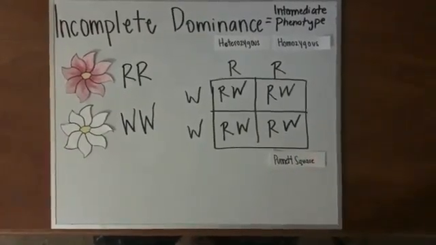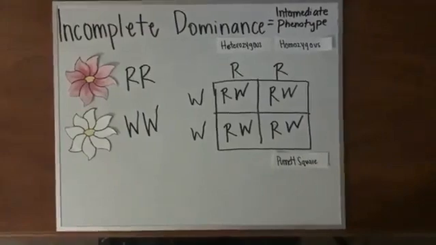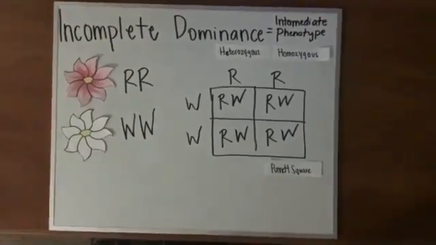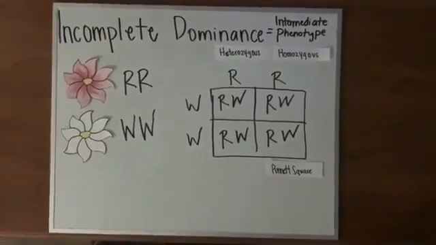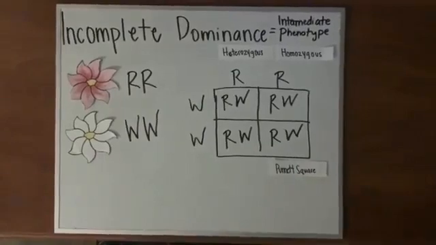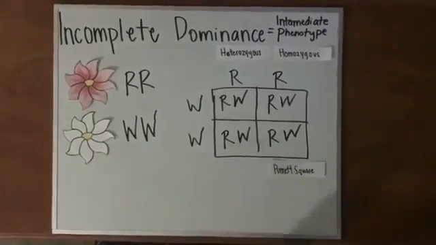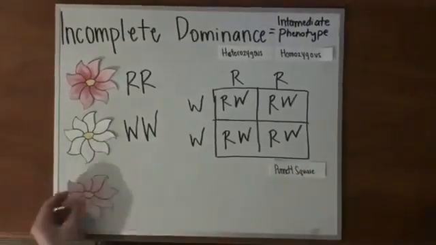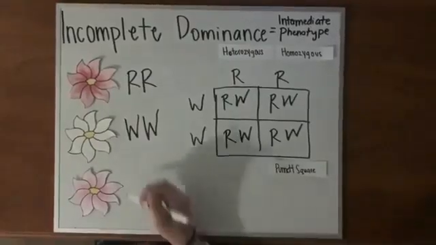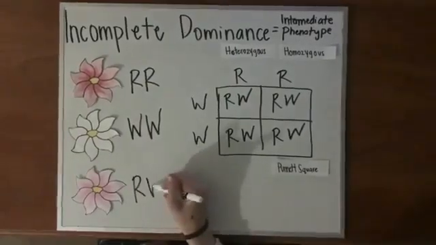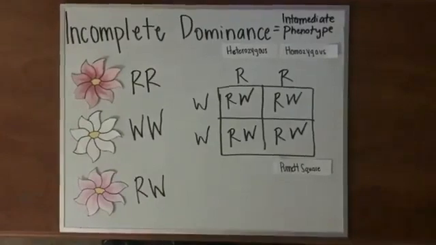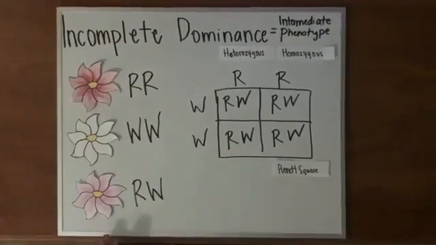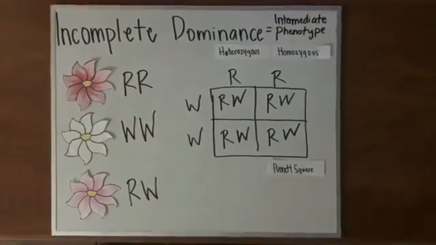As we can see from this cross, we get flowers that are all big R, big W. If we apply the principle of incomplete dominance, the flowers with the genotype big R, big W will be pink flowers because pink is a mixture of red and white. Therefore, all of these flowers will be pink because they are taking on the intermediate phenotype.